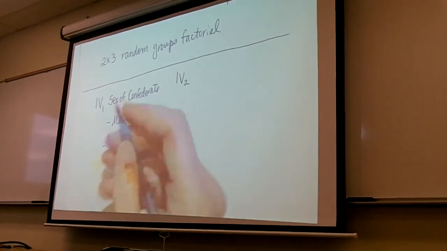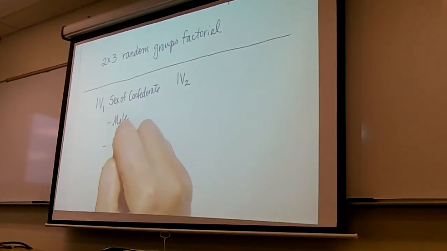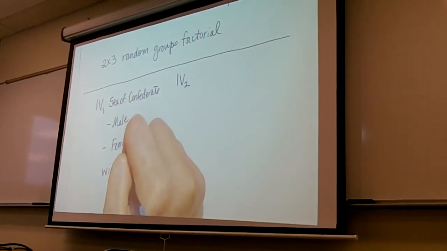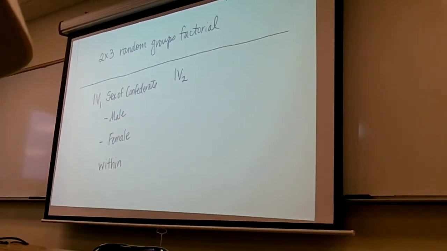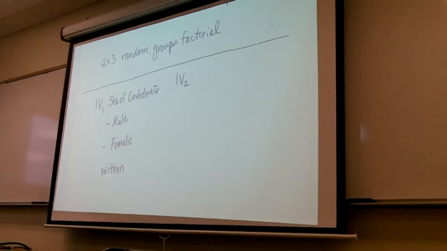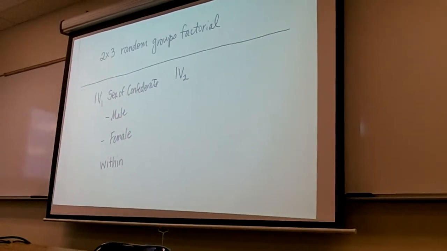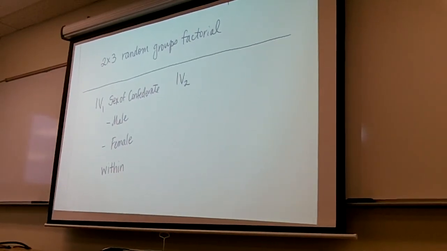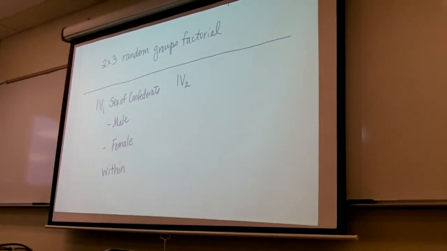Remember, we're not talking about the subject's sex. We're talking about the sex of the person who made the stimulus. We have no clue what the sex of the subjects are. We don't know if they're male or female, intersex, we have no clue.